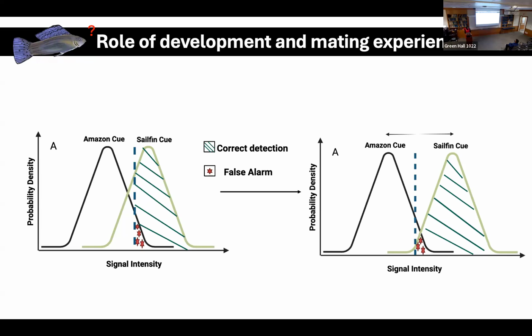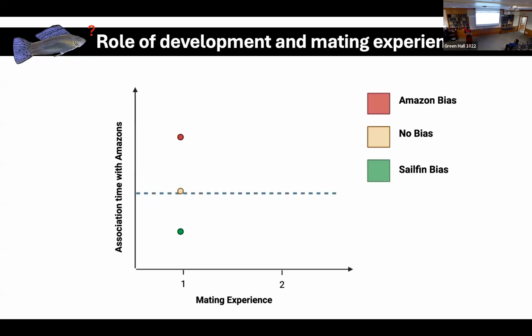And what I expect to happen is that, if you're thinking about association time with Amazons, and we have these three different treatments where some males were raised in an Amazon biased environment, some males were raised with no bias, equal proportions of Amazons and sailfins, and some males were raised in a sailfin biased environment. What I expect is maybe which female they encountered most during their developmental experience biases them towards that female.